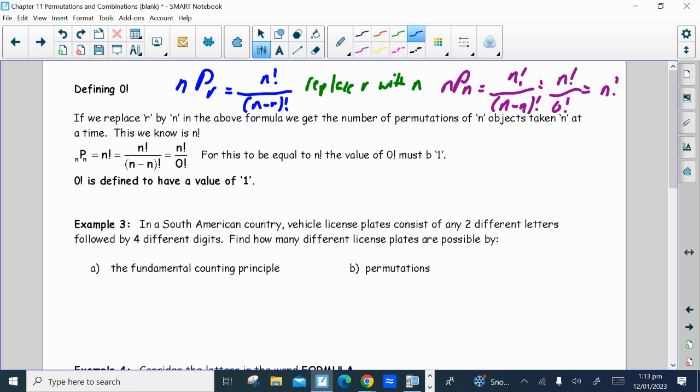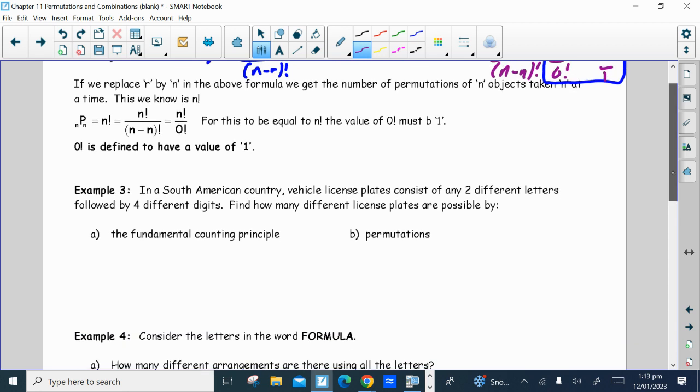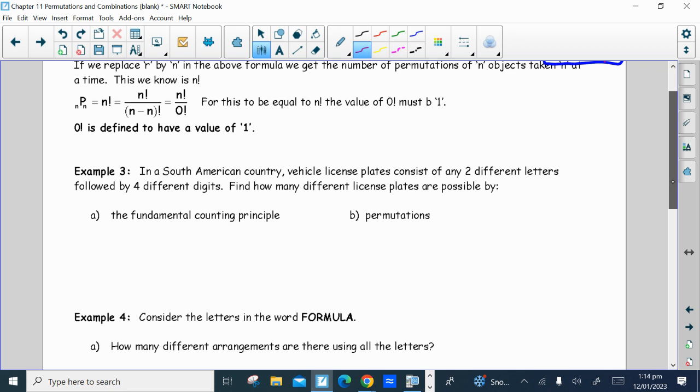These two expressions are equal to each other. And so because of that, the denominator must be 1. The two top expressions are the same, so the bottom expressions have to be equal as well. That is why 0 factorial equals 1.